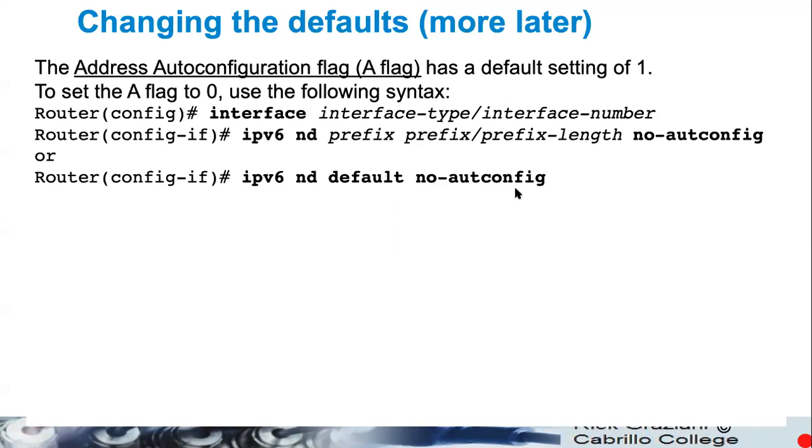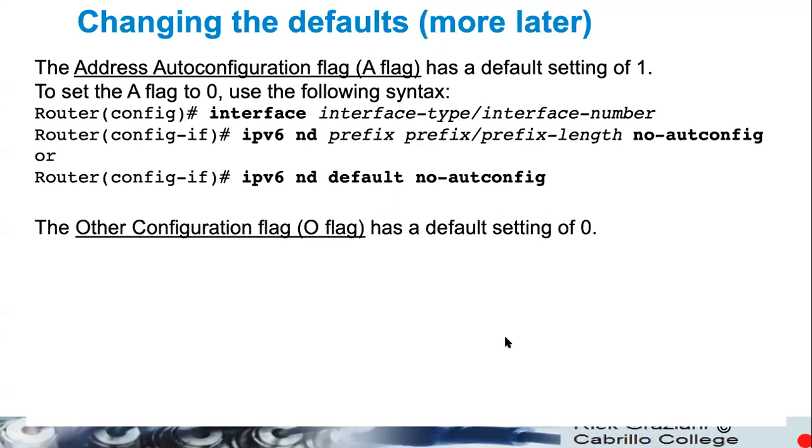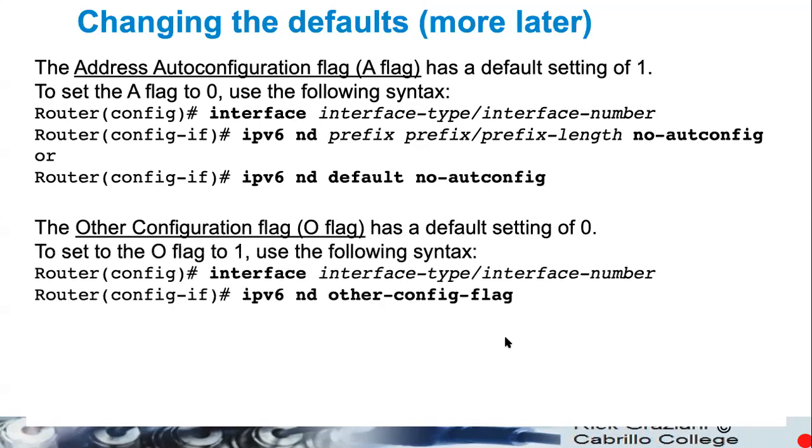The no autoconfig means do set the A flag to 0. The O flag, we'll look at this later. This can be set to 1 using this command here, letting the device know that there's additional information besides what it creates using SLAAC.